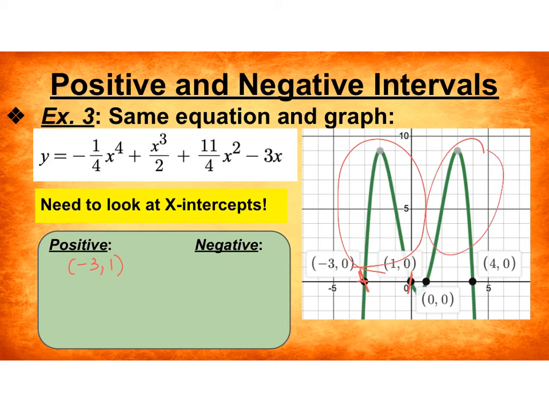This one's also positive, so I'll do that one. And, oops, that was supposed to be a 0 there. So -3 to 0, and then also positive, this is 1, so 1 to 4. And then negative would be this piece down here. So -infinity to -3, this little piece here between 0 and 1, and this piece here from 4 to positive infinity.